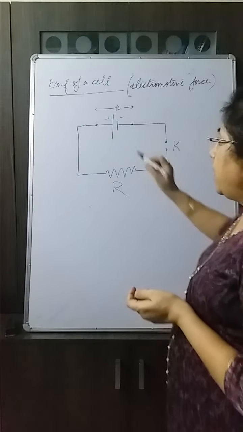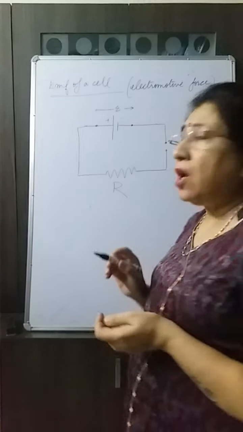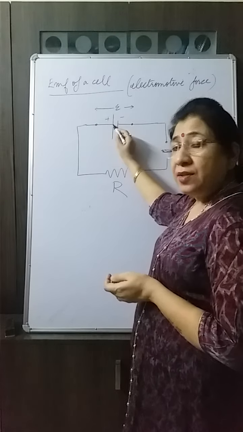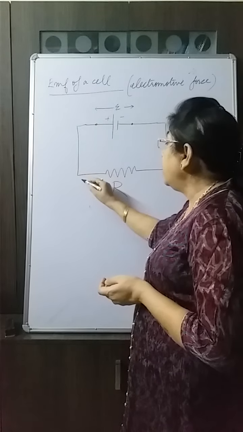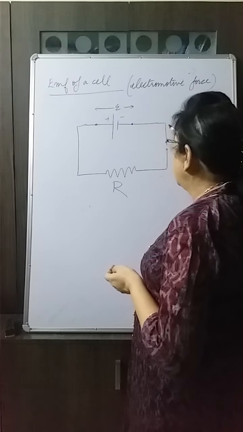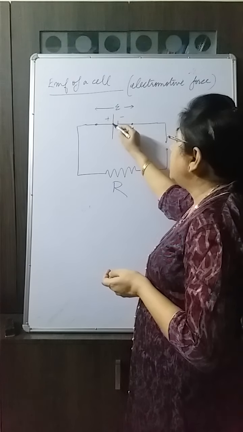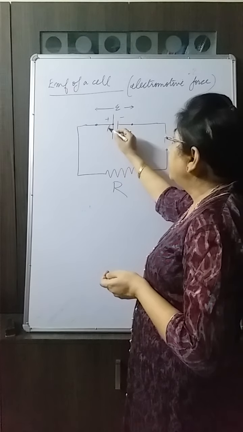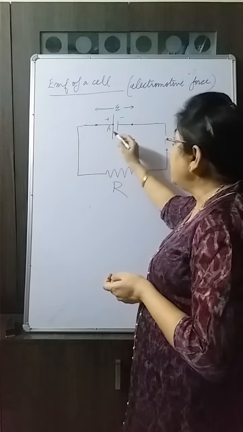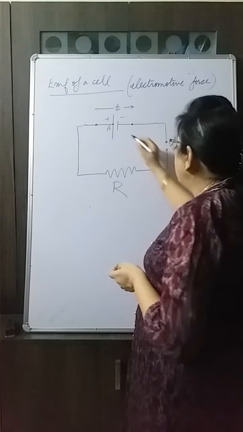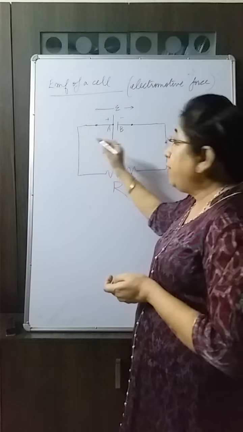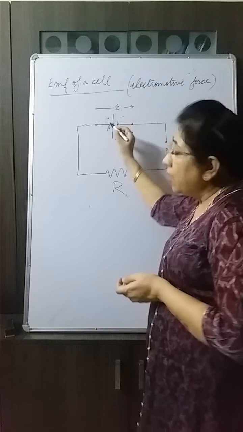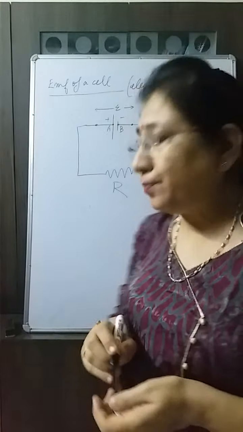It is also defined as the work done in taking a unit positive charge from one end of the cell, through the circuit till this point again. That is the work done in taking the unit positive charge from A to B and then from B to A inside the cell. This is the EMF of the cell.